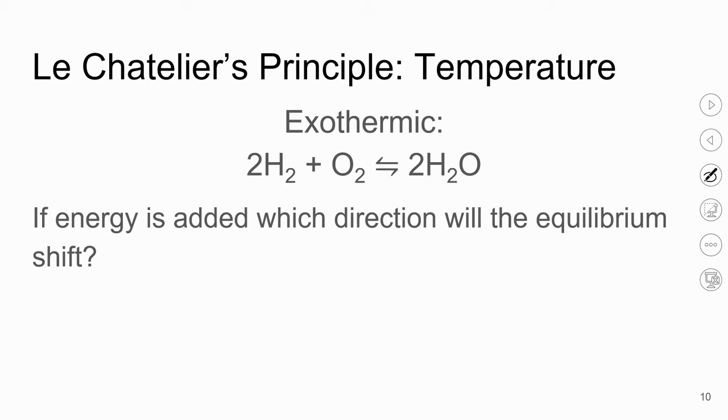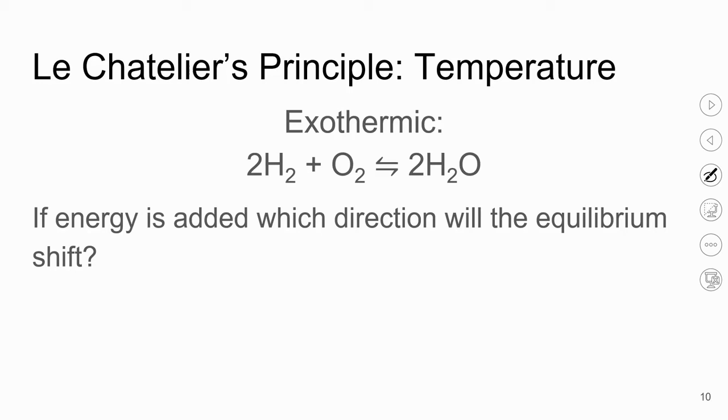So if we have this reaction and I tell you it's exothermic, and I increase the temperature, which direction will it shift? So it's exothermic, we're increasing the temperature. Is it going to shift to the products or the reactants? It's added after the reaction or before?